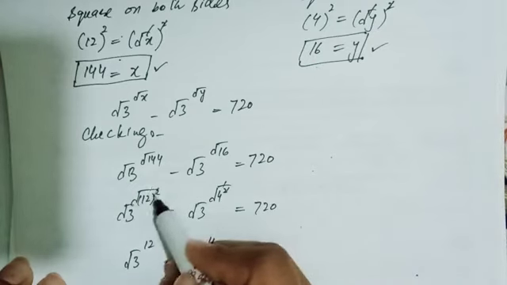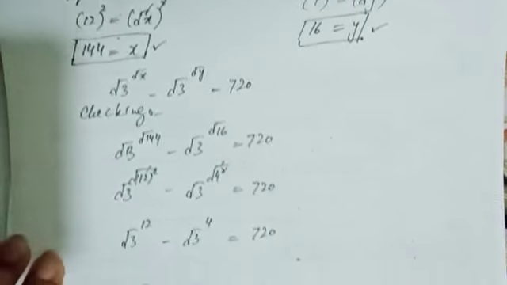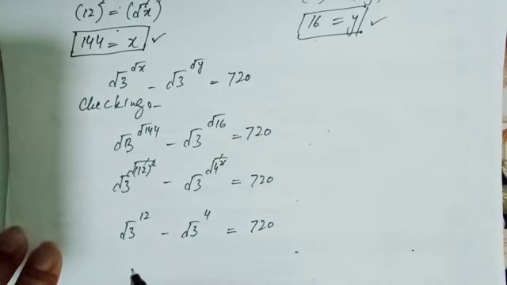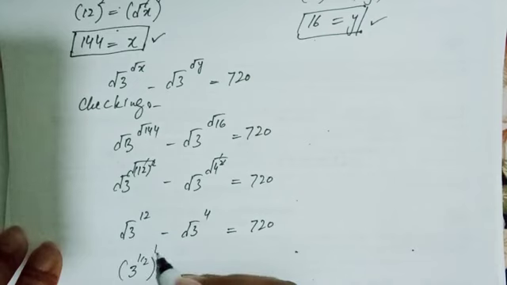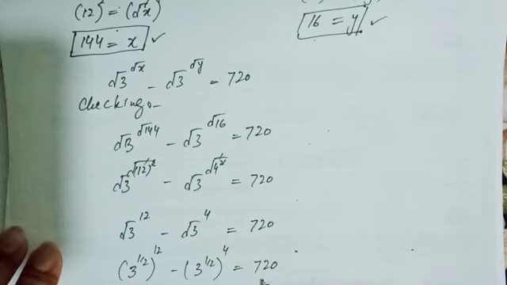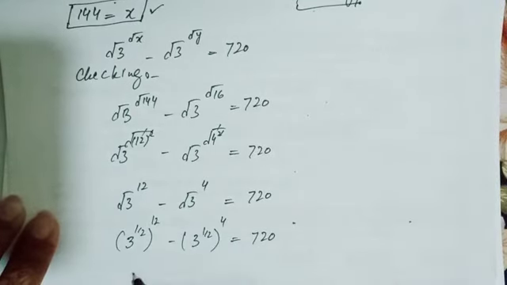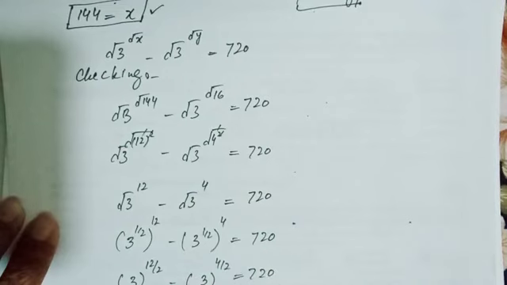Square cancels with square root. So further I can write this as 3 to the power 1 by 2 to the power 12 minus 3 to the power 1 by 2 to the power 4, which is equal to 720. So I can use the rule here by writing this as 3 to the power 12 by 2 minus 3 to the power 4 by 2, which is equal to 720.